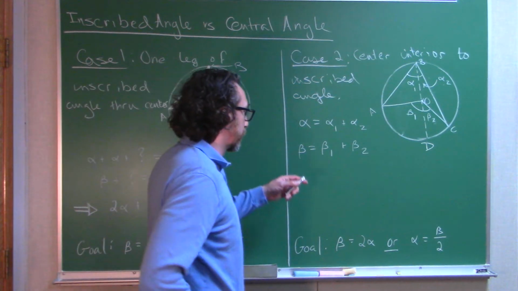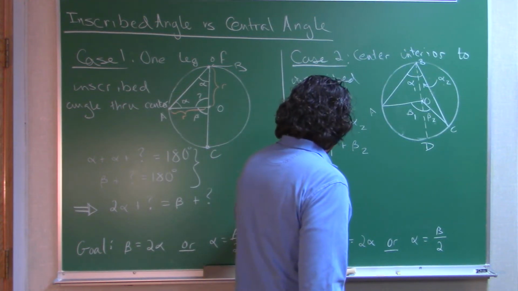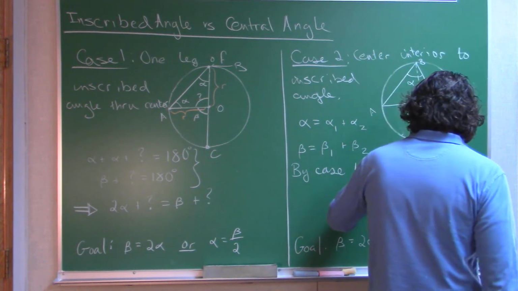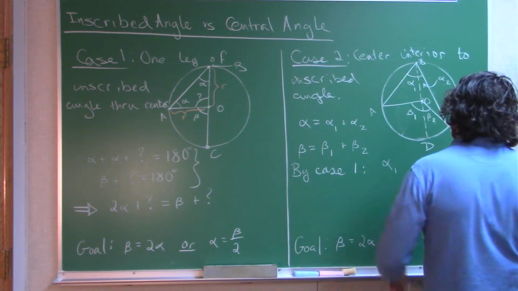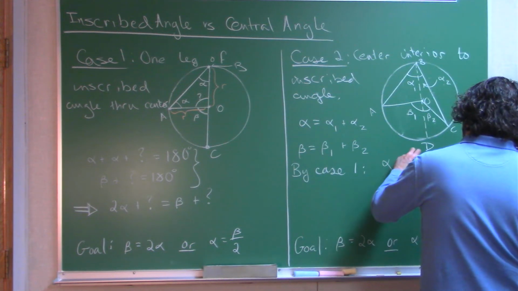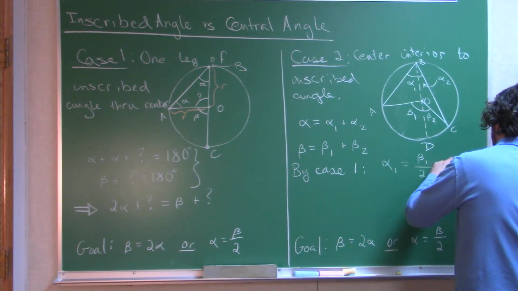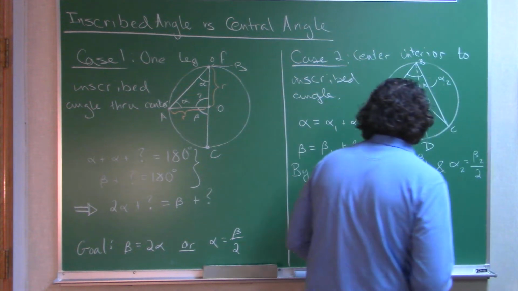All right, so I know from case 1 alpha 1 is equal to beta 1 over 2, and alpha 2 is equal to beta 2 over 2.